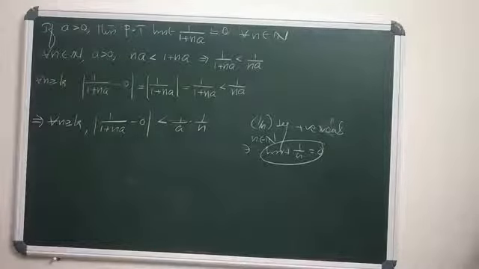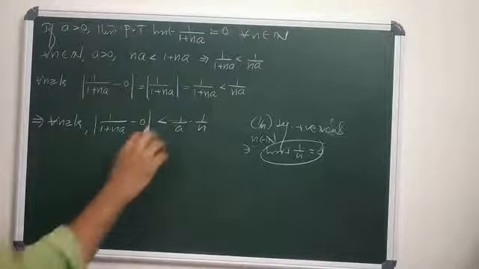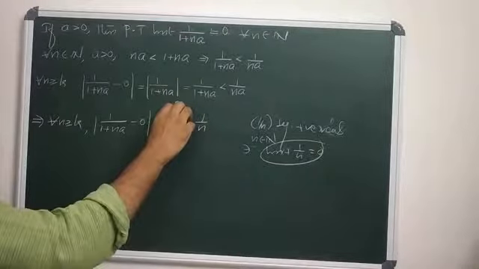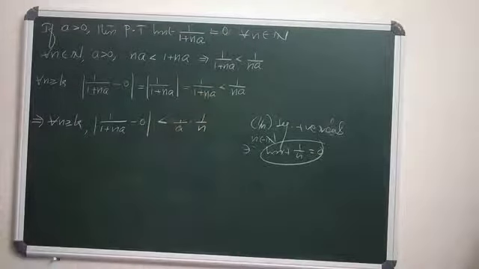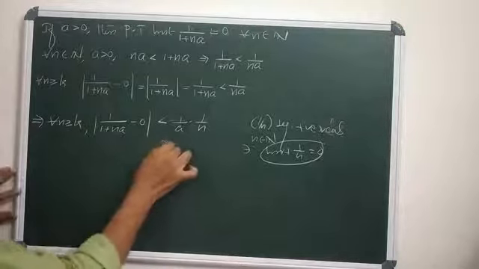That's a well-known result, which is also a proved result. According to that argument, here 1 by a is positive, and the sequence 1 by n is a limiting sequence, because the limit is 0.